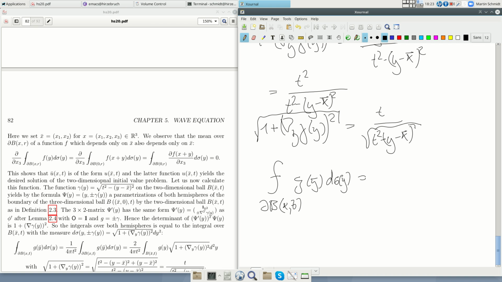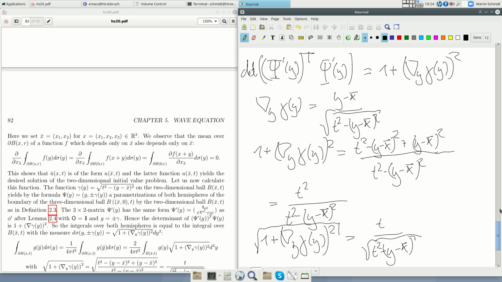The three-dimensional sphere has 4 pi r squared, so the area is 4 pi t squared. For the mean, 1 divided by the area of this three-dimensional sphere, and then we should take the integral over the boundary of B of x,t of g of y bar.